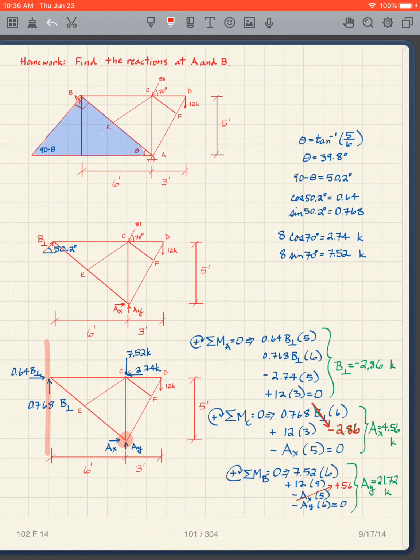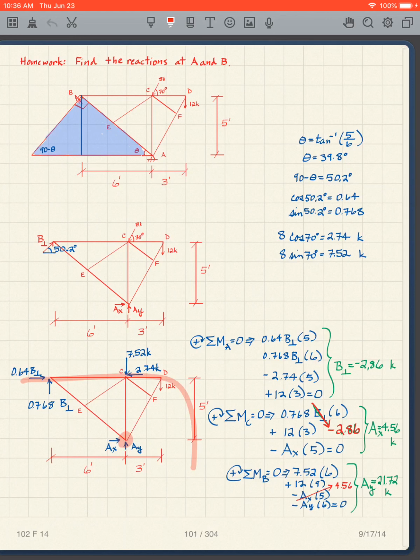We have the 0.768 B perpendicular times that distance. And we have the 12 kips times that distance. This one's going to be clockwise, so it's positive.